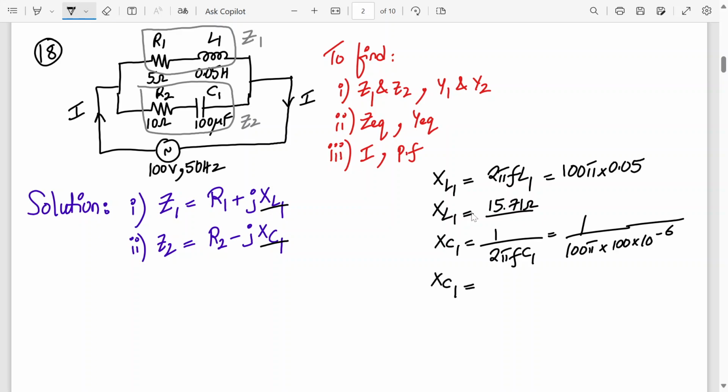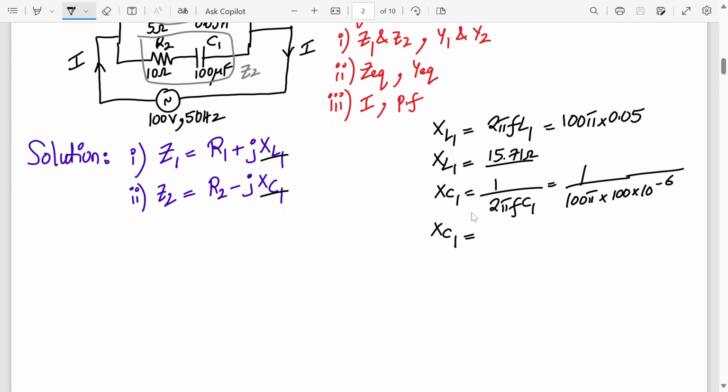Let me also know the value of Xc1. Yeah, Xc1 is 31.83 ohms. That's perfect.